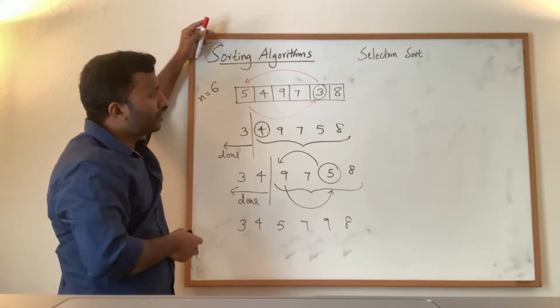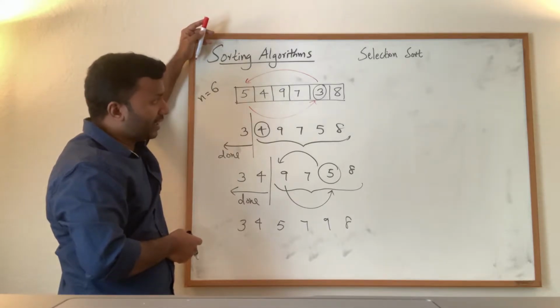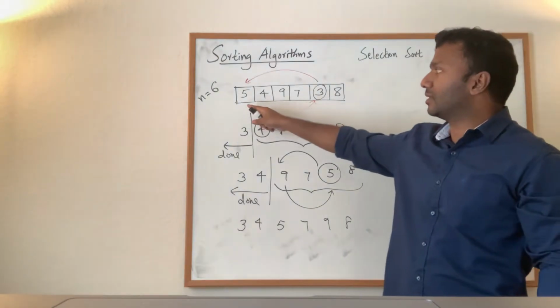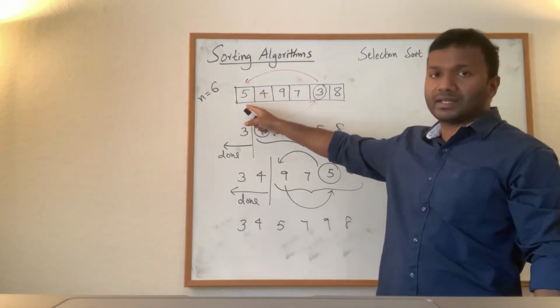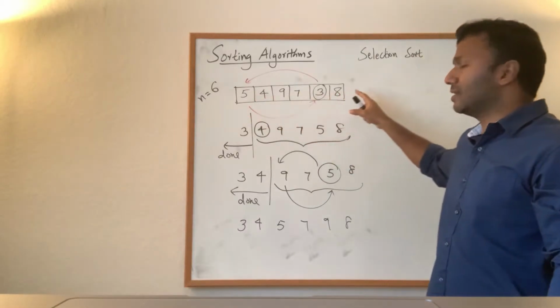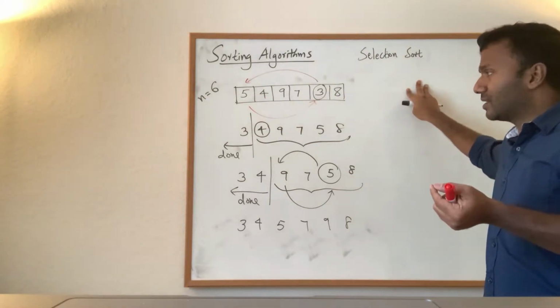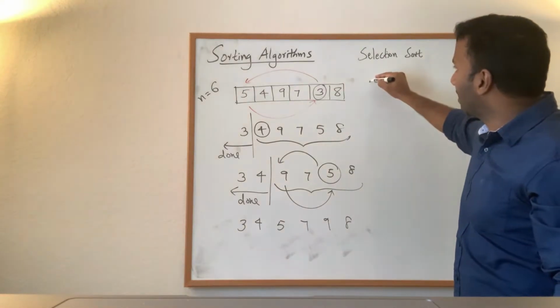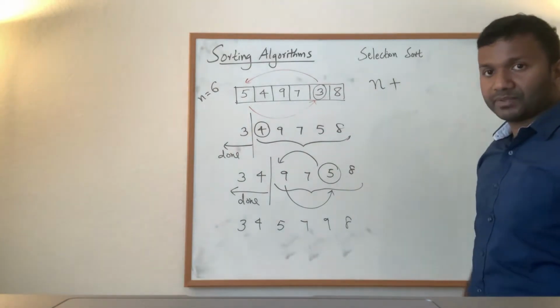Now, to bound the time complexity, what you can see here is the first step is going to take roughly n comparisons, because we have to scan the entire array, and we might end up doing one swap. So roughly n time for the first step.